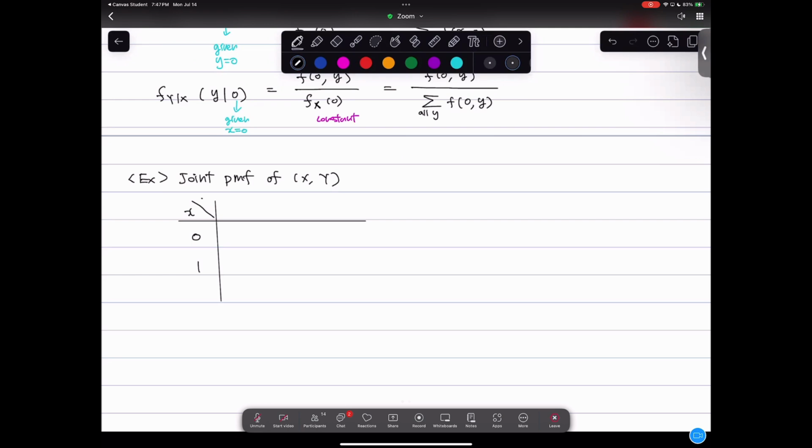Your y values are 0, 1, or 2. Let's give you the numbers. I'm getting 10 over 50 for 0, 0, and 6 over 50 for 0, 1, and 4 over 50 for 0, 2. Then 15 over 50, then 10 over 50, and 5 over 50. All right, so now this is my joint PMF.